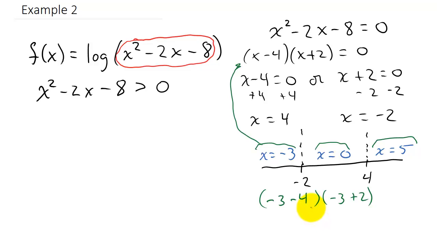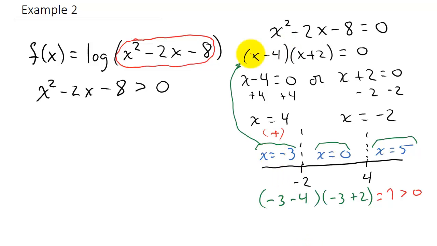All I care about is whether I get a positive or a negative number. Here I get negative 7, and here I've got negative 1. So negative 7 times negative 1 is positive 7, which is greater than 0. So everything in this region is going to be positive.